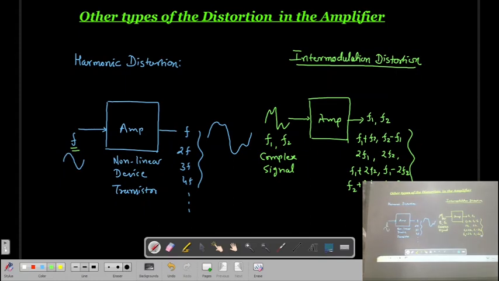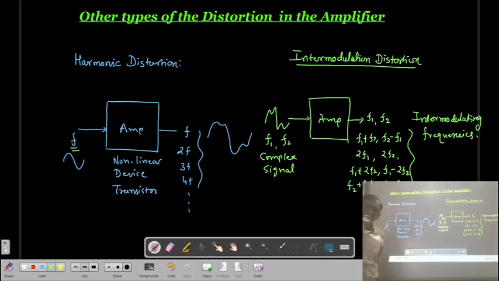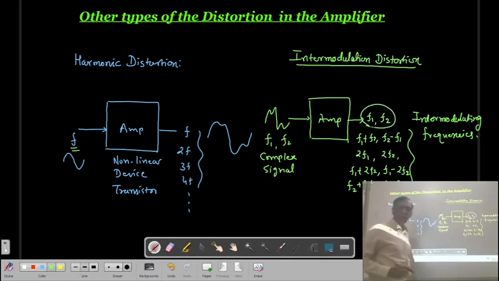These different frequencies that are produced are called intermodulating frequencies. When all these intermodulating frequencies are added to your F1 and F2, the shape of your input signal is changed, and it is known as intermodulation distortion.